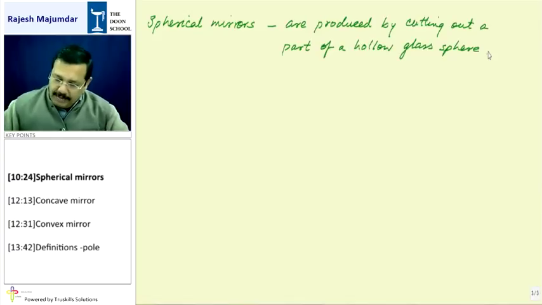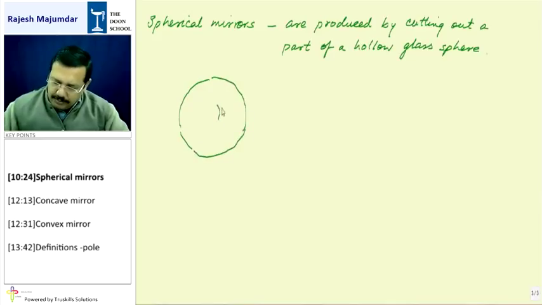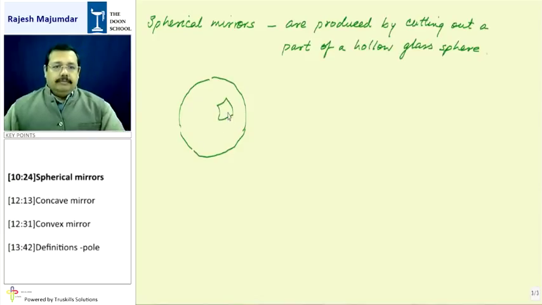So suppose we have a glass sphere which is indicated in this manner, and we try to cut out a small part from the surface. This can become a spherical mirror.